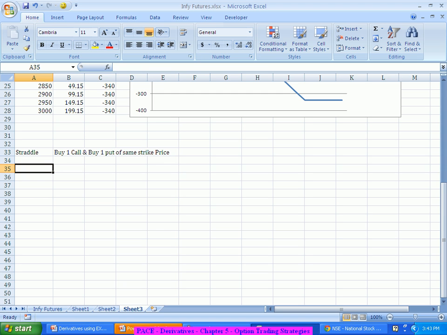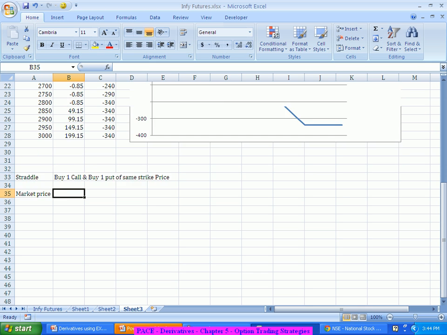So now I can say market price, call. Because I am buying one call as well as one put, I will have the profit relevant to the buying of a call. So there is one call and one put. The combination of those two is my profit or loss.